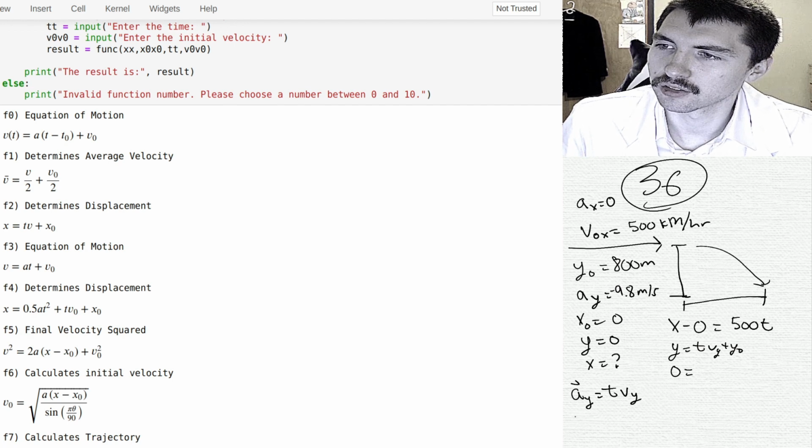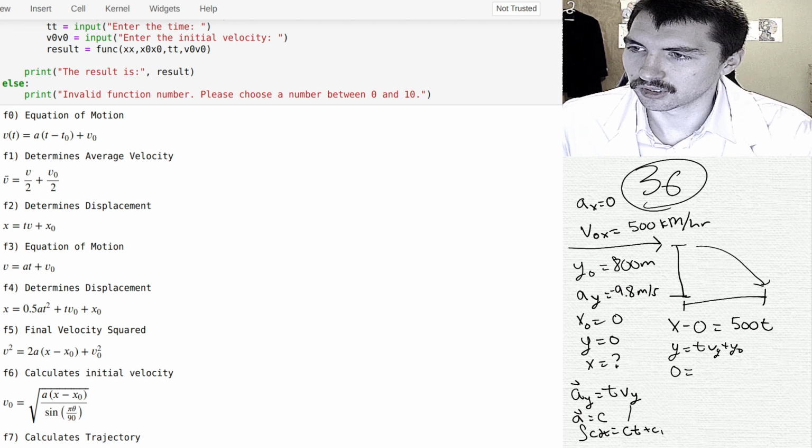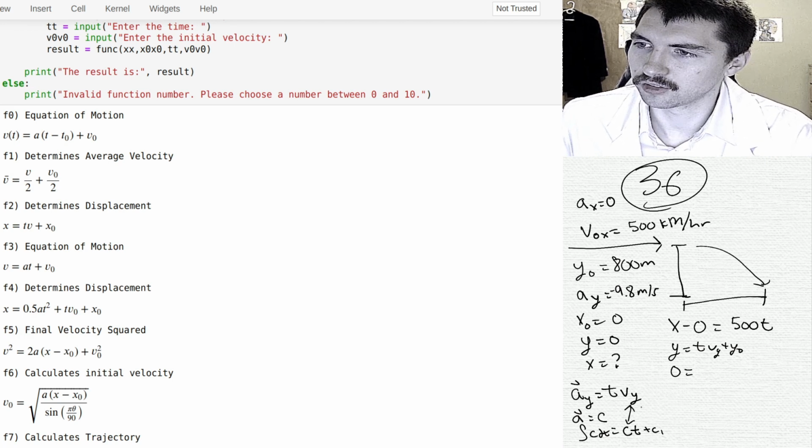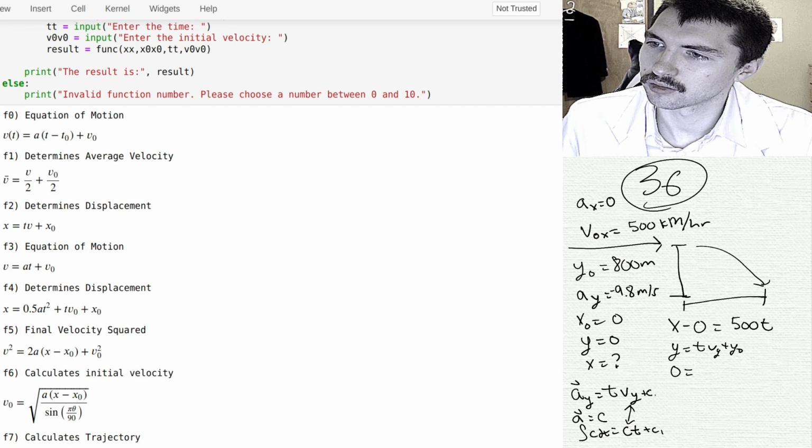Because if a is a constant, let's say c, then the integral of c dt is ct plus a constant. So I could see these being the same plus a constant, and you see these kind of parallel here.